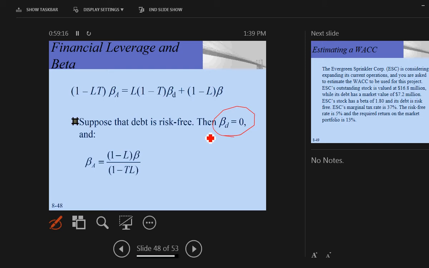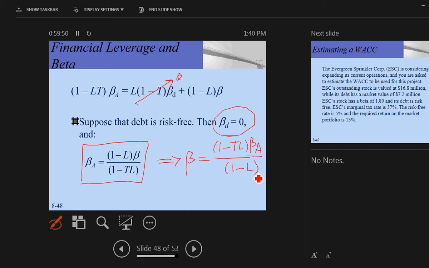If we set this equal to zero, we are removing this term, and we end up with this relationship, which means that the beta of the stock is equal to (1 minus TL) times beta A over (1 minus L).